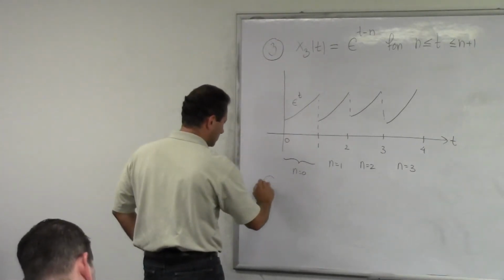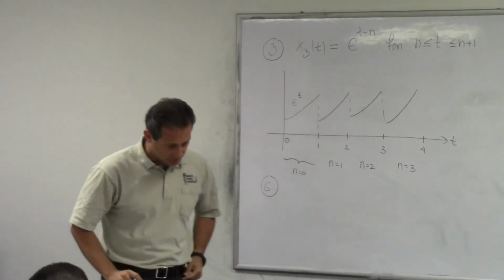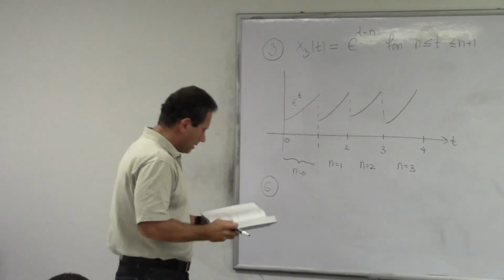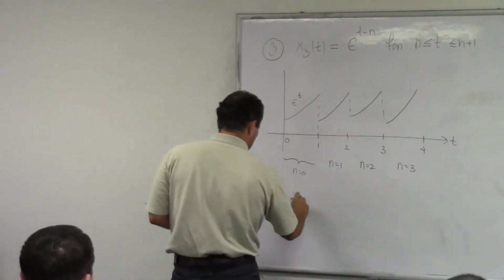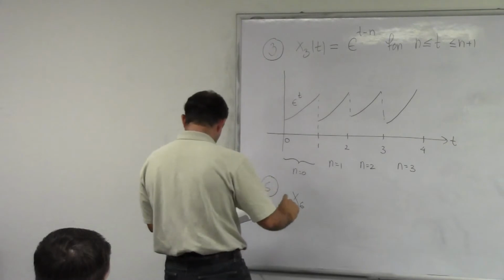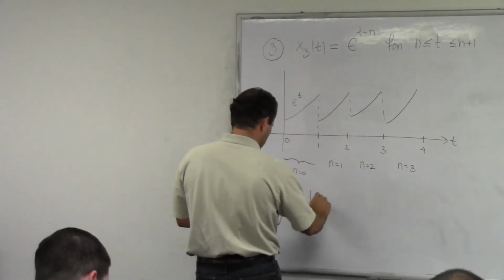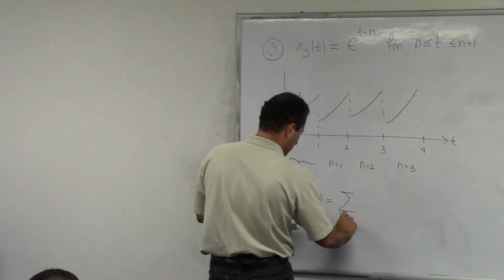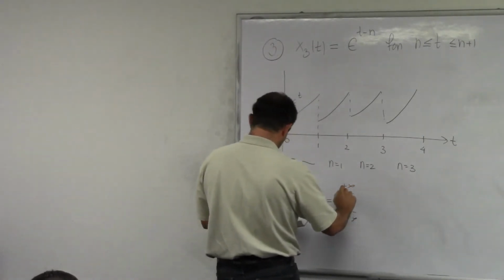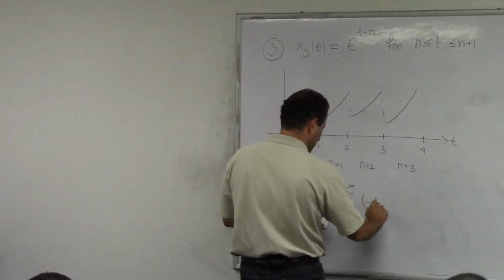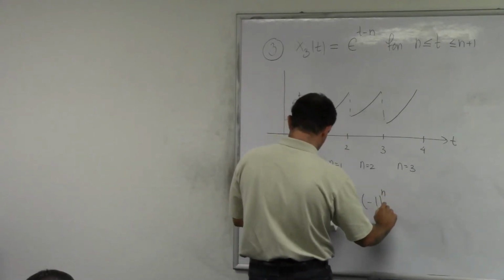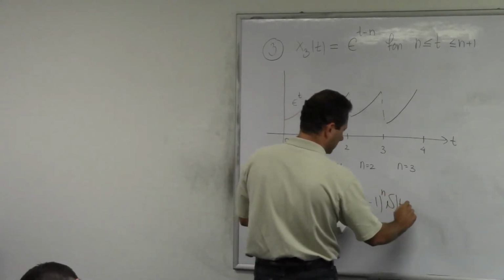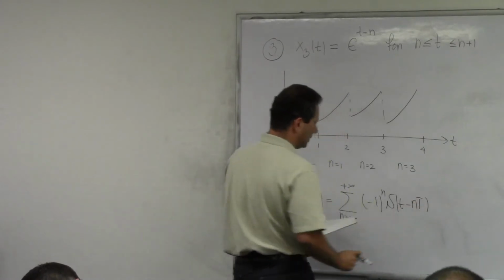Let's look at 6. Okay, 6 is a good problem. We're going to talk about something like that today. x6 of t is equal to the sum when n goes from minus infinity to plus infinity of minus 1 to the n, delta of t minus nT.